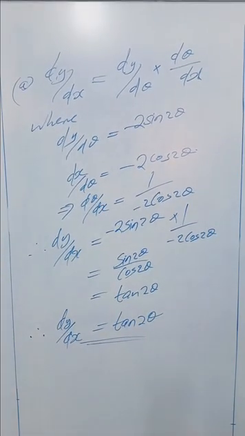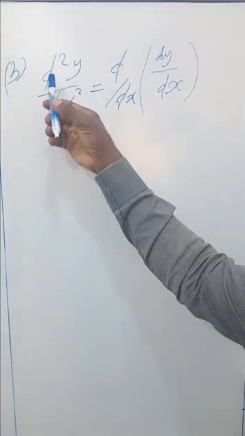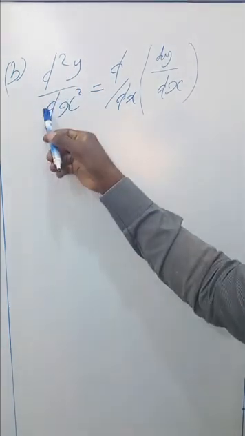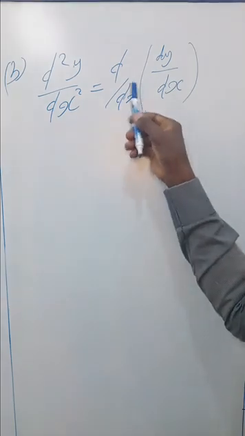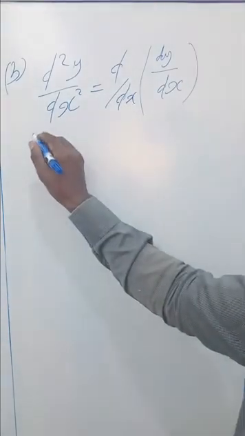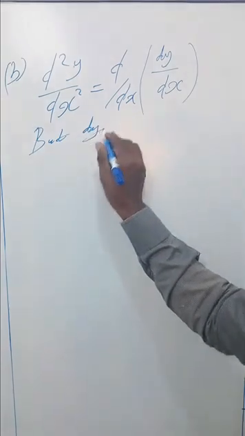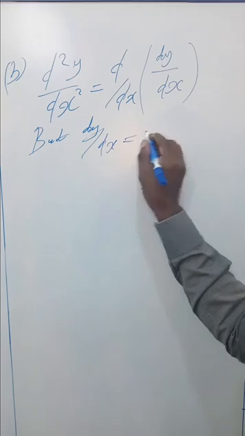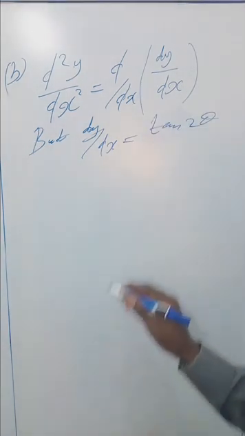And for part B, to find the second derivative, that is d squared y over dx squared, this is the same as differentiating dy/dx with respect to x again. From A, we got dy/dx equal to tan 2 theta.